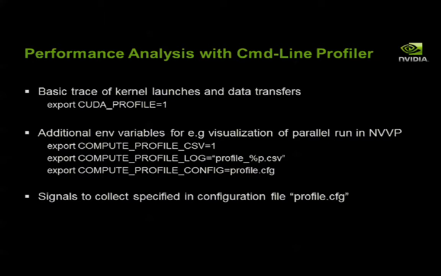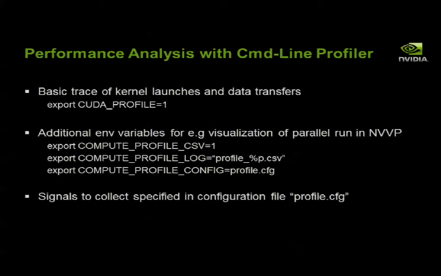And you enable that one by simply exporting the CUDA_PROFILE environment variable. You set it to 1, and what will happen is that it collects information about all the kernel launches and will print this into a file for later inspection.